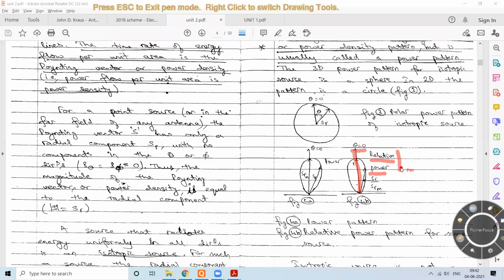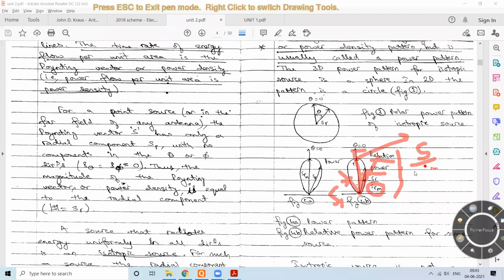Now, this itself can be made the normalized power pattern. Here, if we consider the radial component of the power density, I'll just represent it as S. If I plot it along any of the directions, I'll have one particular value over here, which might be some S1.